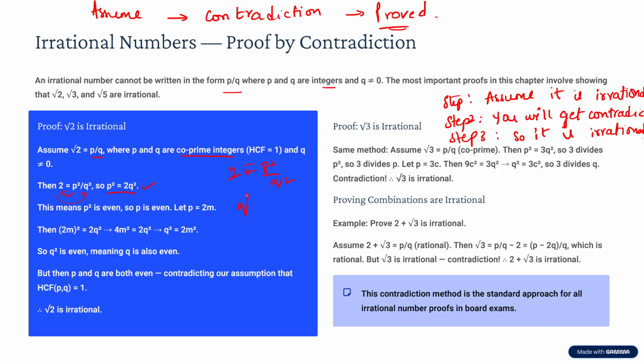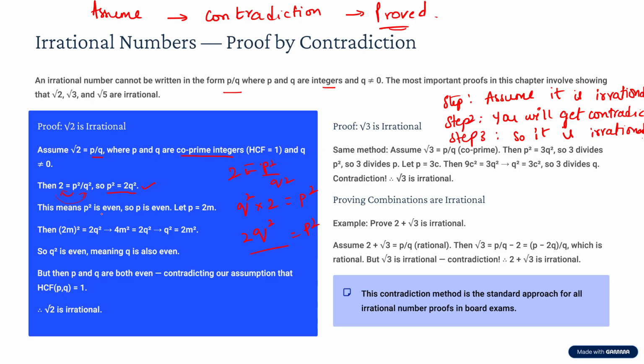Q square times 2, you are sending this to the other side, division will become multiplication, equals p square. So 2q square equals p square. Got it? This is the same step. I have written directly here.